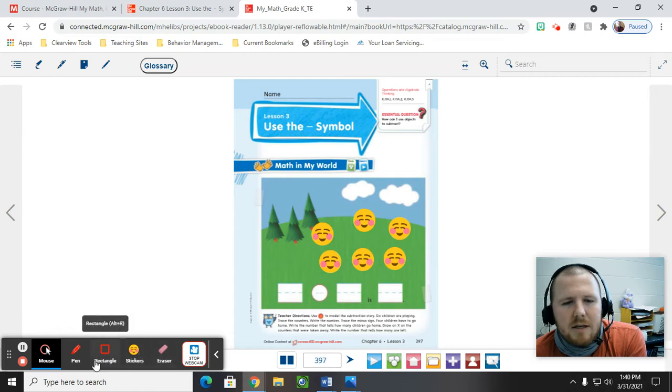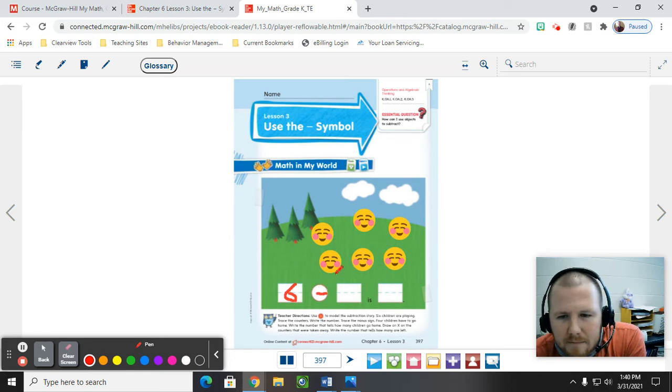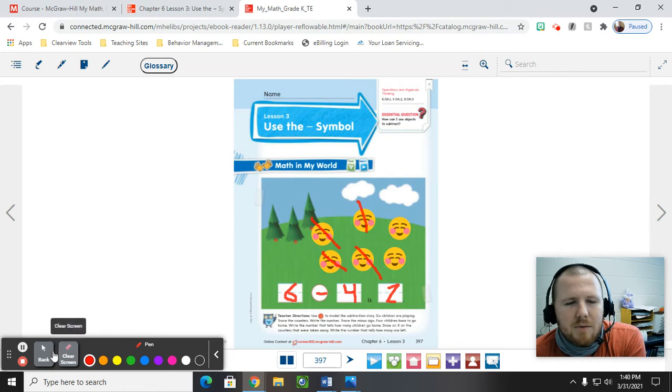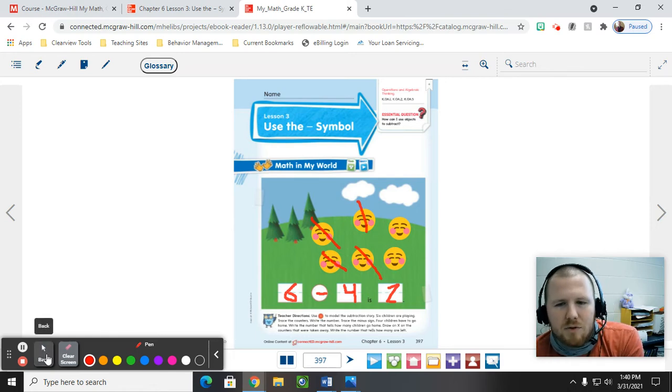So we write the 6. Then how many are going away? 4 children have to go home. So 4 of them are leaving. So we cross out 1, 2, 3, 4. How many are still playing? 1, 2. I feel like we did it, but when you have smaller numbers, you're gonna see the same numbers over and over again.